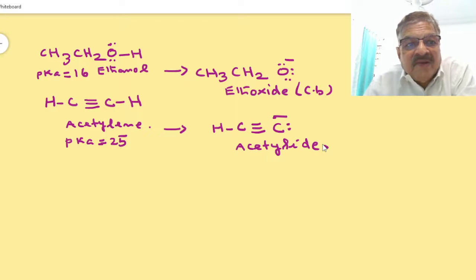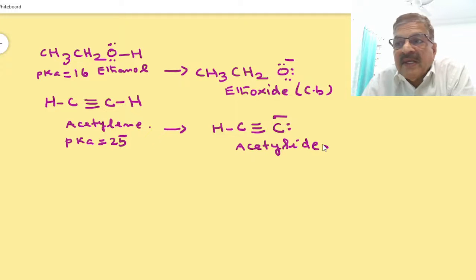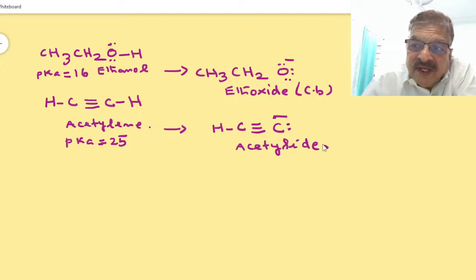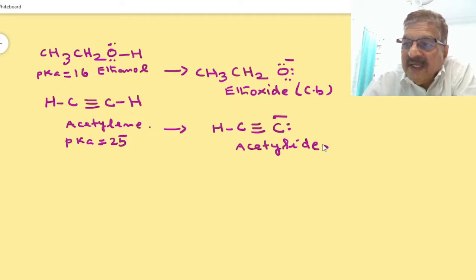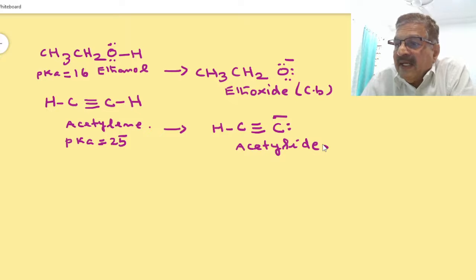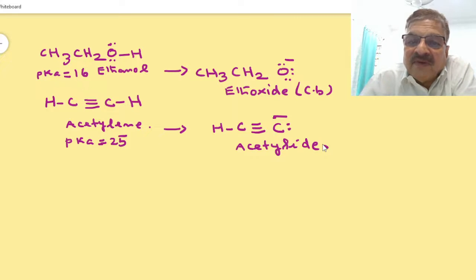Now, which is a stronger acid here? pKa 16 for ethanol, pKa 25 for acetylene. Therefore, ethanol is a stronger acid than acetylene. Therefore, acetylide will be a stronger base than ethoxide.